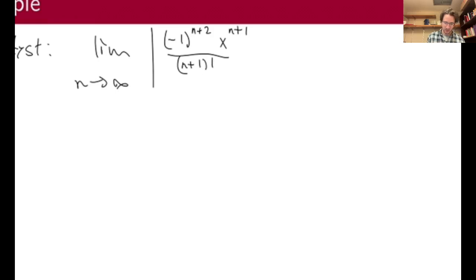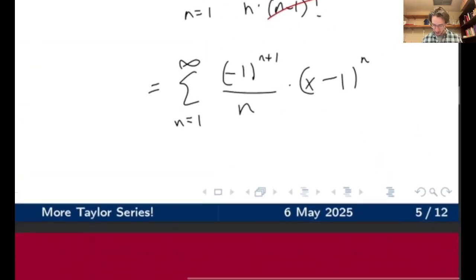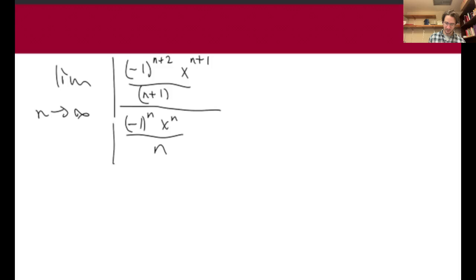Nope, sorry, it's just over n plus 1, because that's the n there. And then divide by the nth term, minus 1 to the n times x to the n over n. So we get a lot of cancellation. That just leaves me with a 1 there.